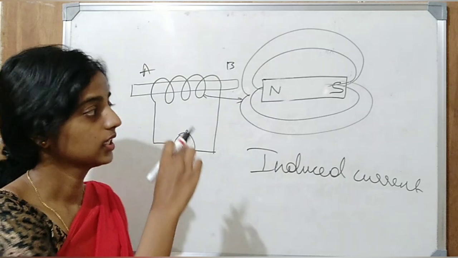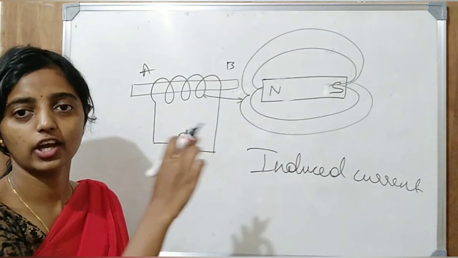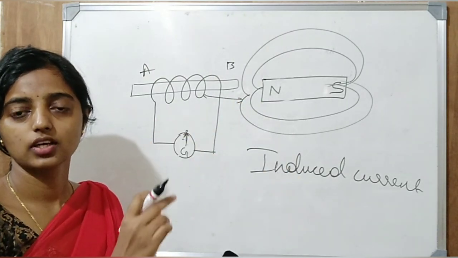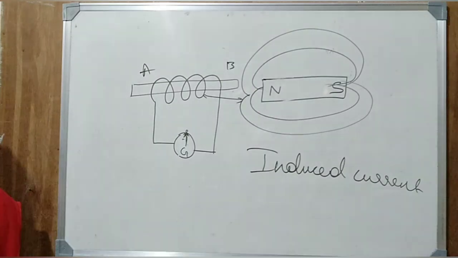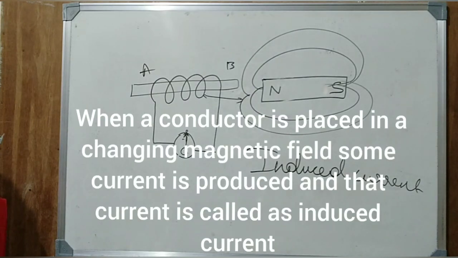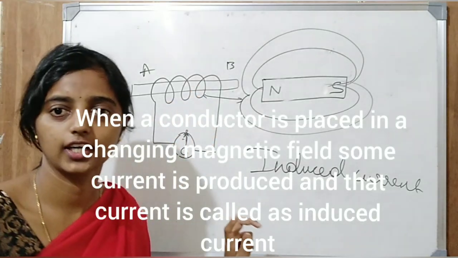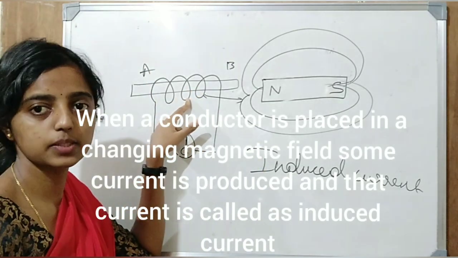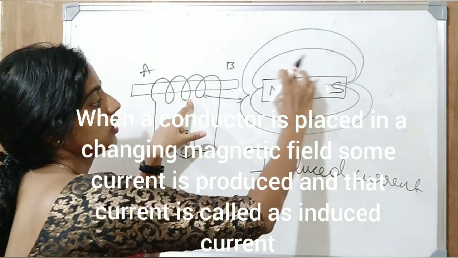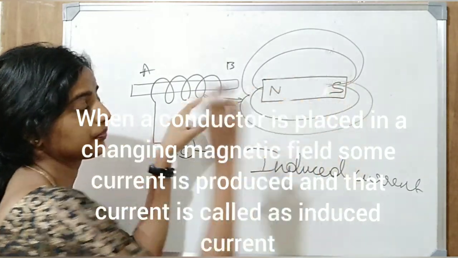Now recall the definition which I wrote about EMI. The first definition: when a conductor is placed near a changing magnetic field. This coil is our conductor, right?